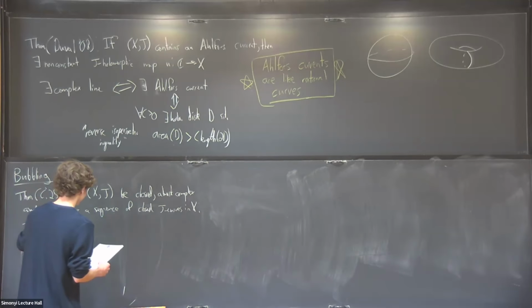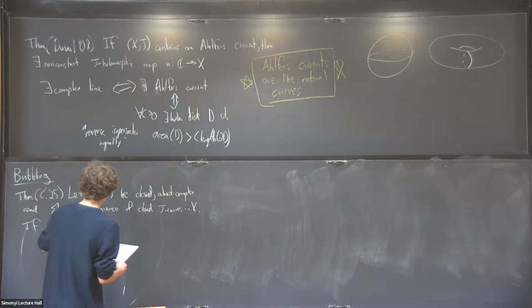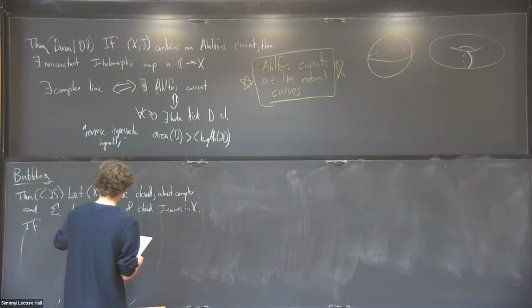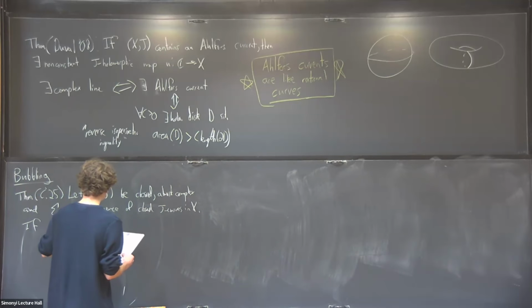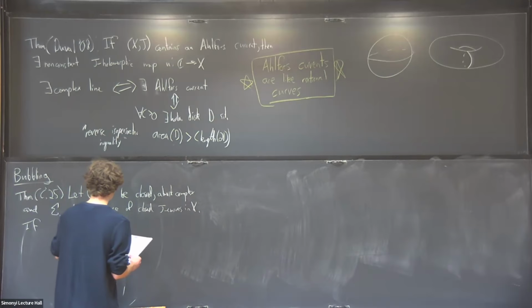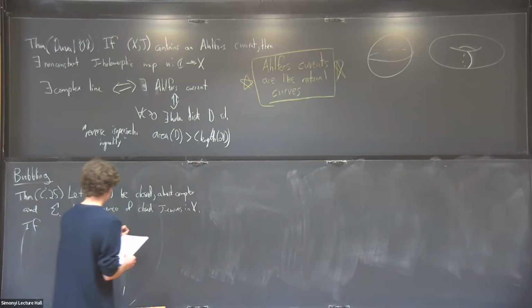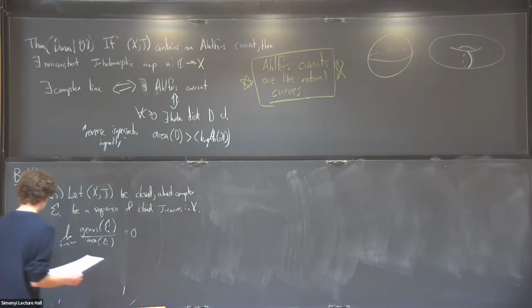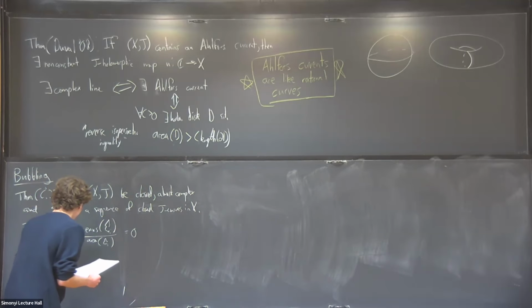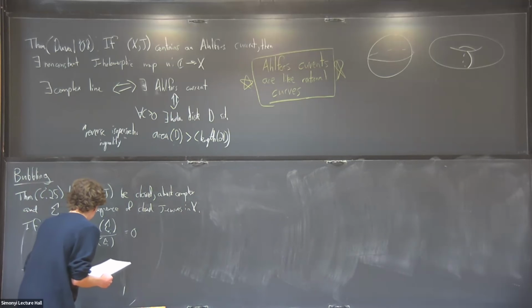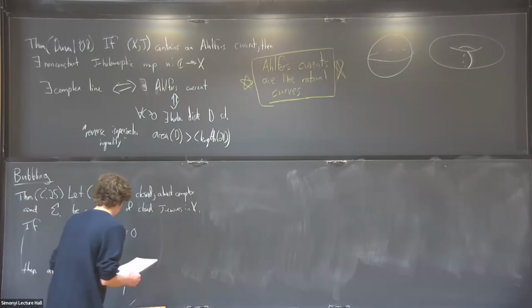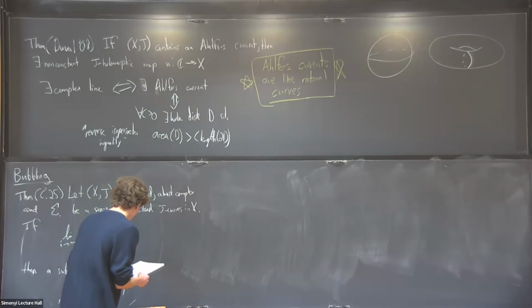If their areas grow faster than their genera, then a subsequence after normalization converges to an Ahlfors current.